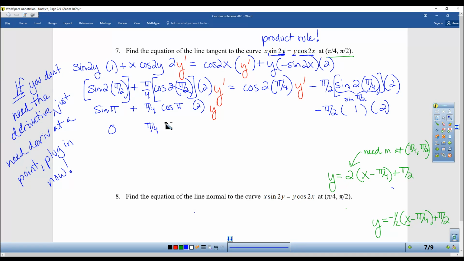So now I have pi fourths times -1 times 2 times y prime, which becomes negative pi halves y prime. Y prime is equal to, this side becomes cosine of pi halves times y prime, and cosine of pi halves is 0. Oh, that was nice.